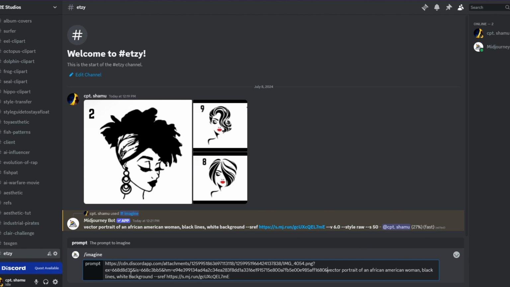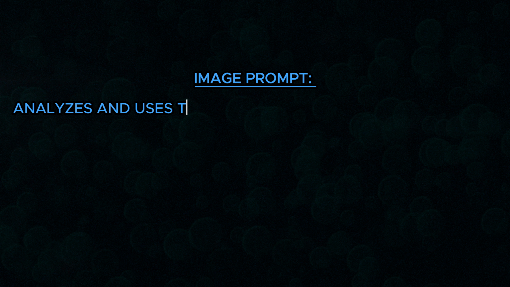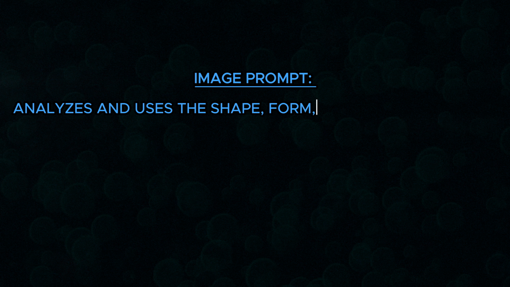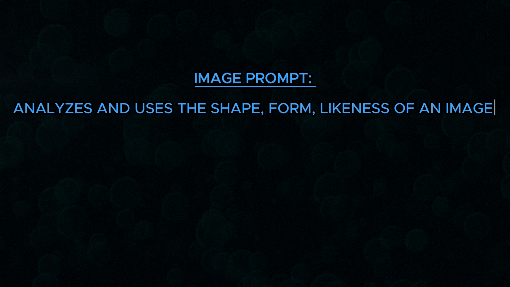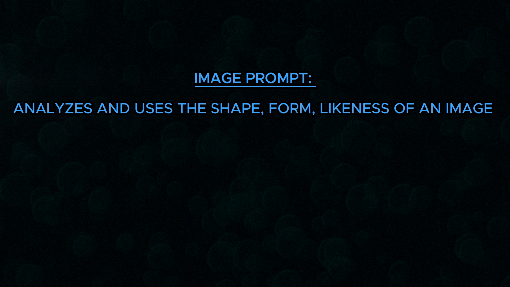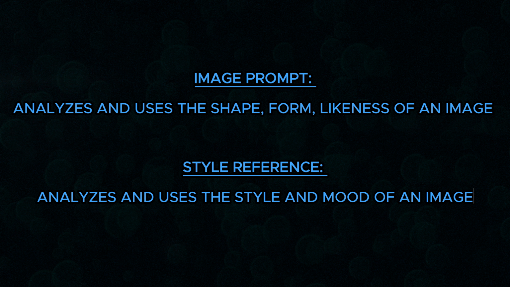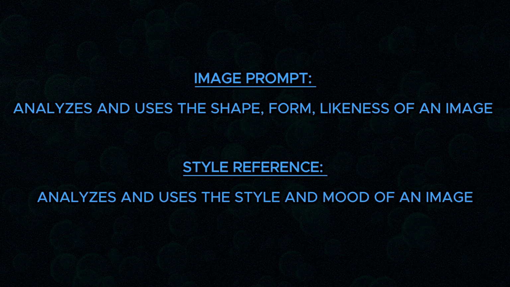And just to explain the difference between an image prompt and the style reference: the image prompt is being used more so as, I would say, a shape. It takes a lot more from the actual form and structure of the image, whereas the style reference is more so copying the feeling and mood of an image.